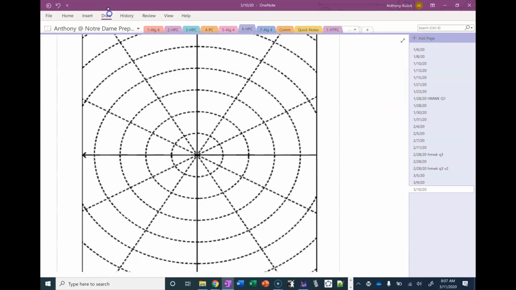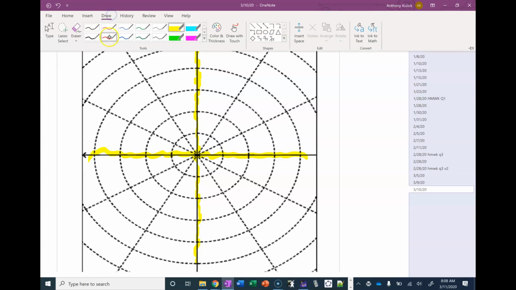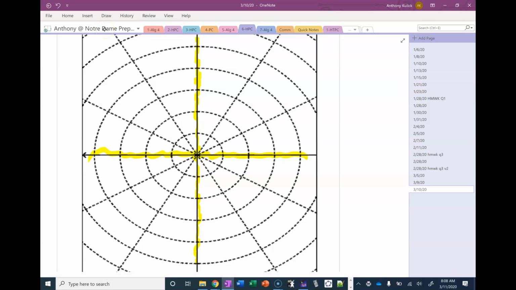So if we take a look at our polar axes, hopefully you notice that we still have a pair of perpendicular axes that look similar to the xy axis, what we're comfortable with, right? But we have a bunch of other straight lines here also going all over the place.